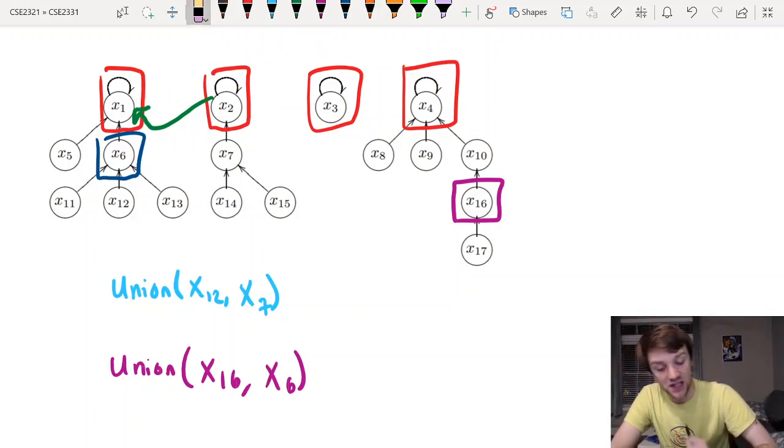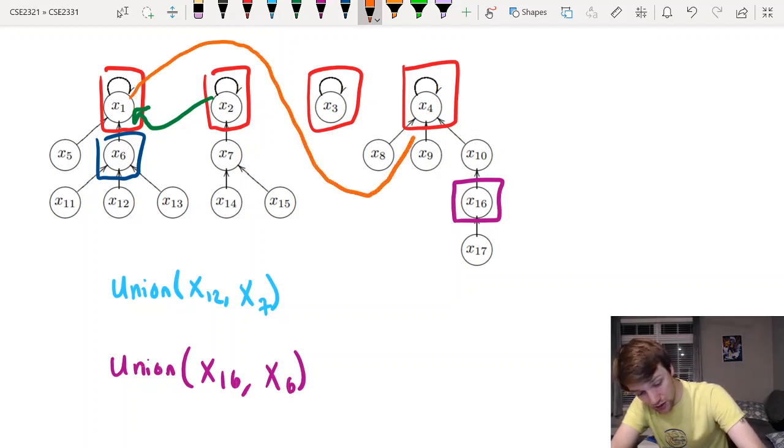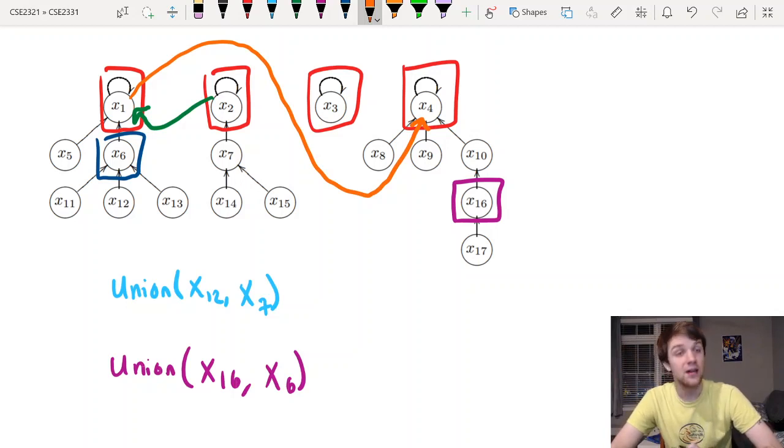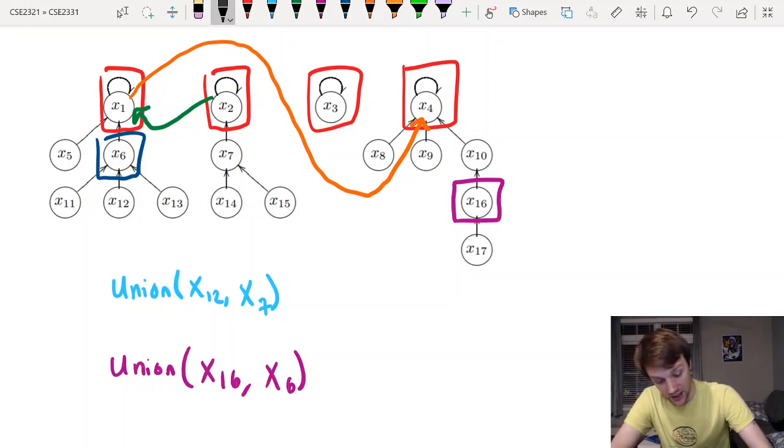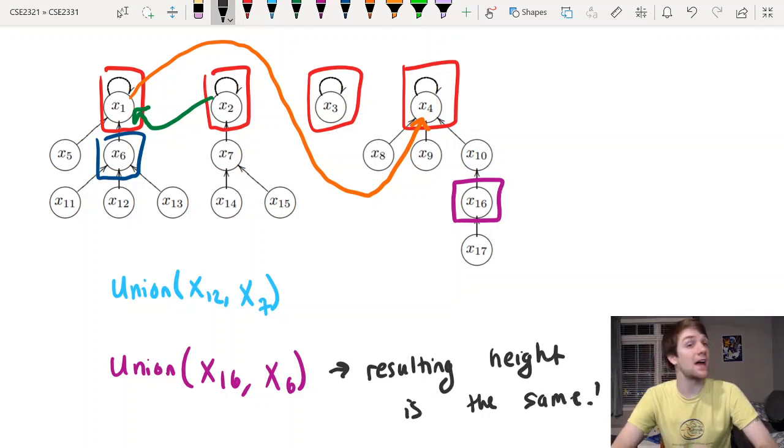Which one of those would be more efficient? Well, the tree containing x16 has a height of 3, and the tree containing x6 has a height of 2. Therefore, we attach the tree containing x6 to the tree containing x4. And then if you notice, that doesn't even adjust the height of that tree. The resulting height is the same. And that will tend to happen.